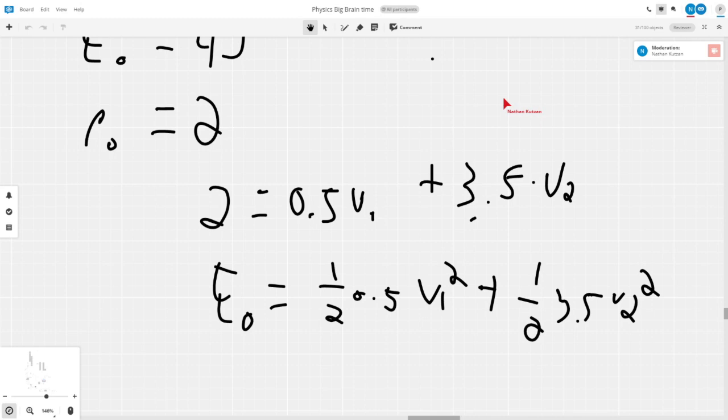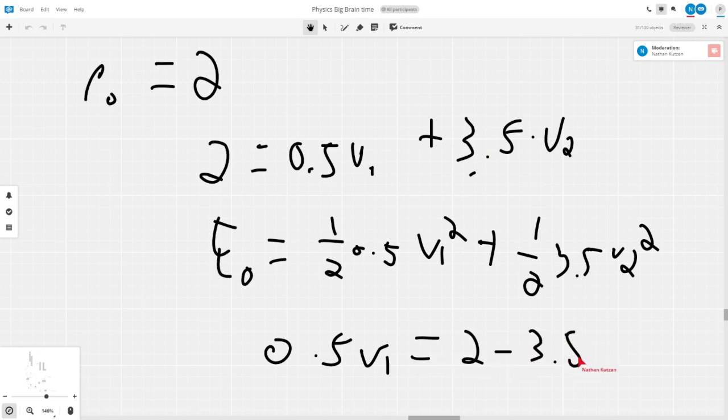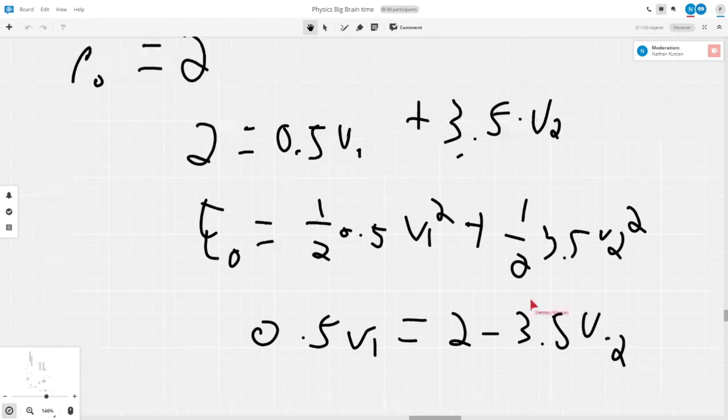Yeah. So now we're going to solve one of these equations for one of the velocities. I'm just going to pick this one because it's easier, but it doesn't matter which order you do this in, you'll get the same answer. So rearranging that, we should get 0.5 times the final velocity of the first object is equal to 2 minus 3.5 times the velocity of the second one. Divide everything by 0.5.